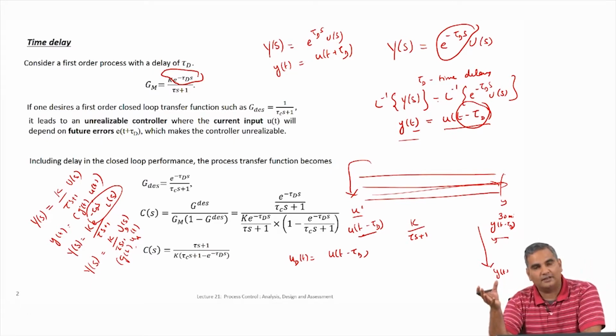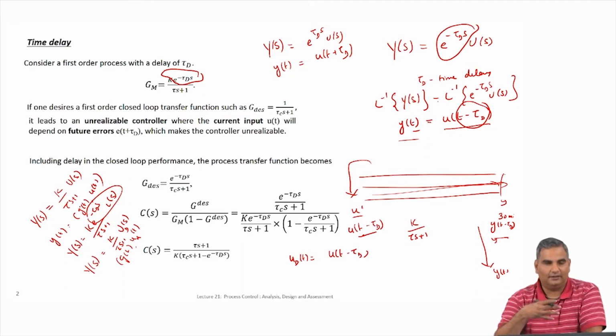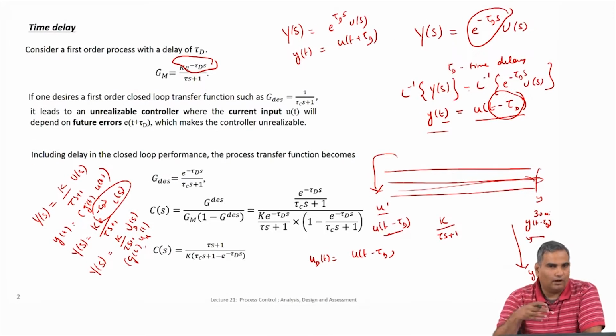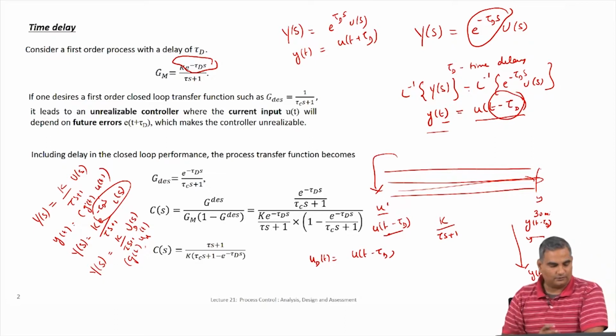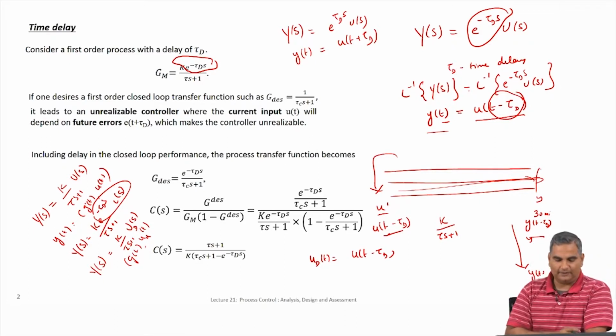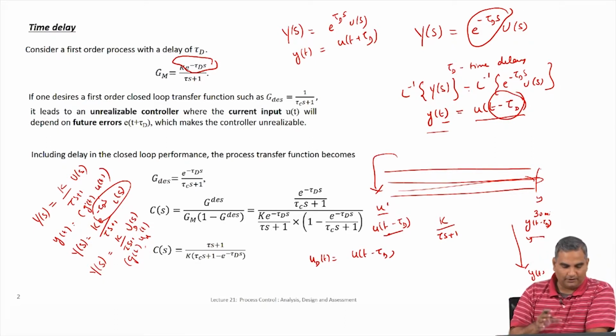So whatever changes I made a while back will affect the output passing through a first order transfer function. In the previous case, without time delay, whatever change I make currently will immediately affect y through a first order process. That is an important thing to understand.